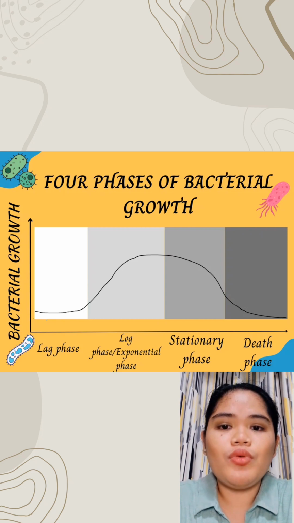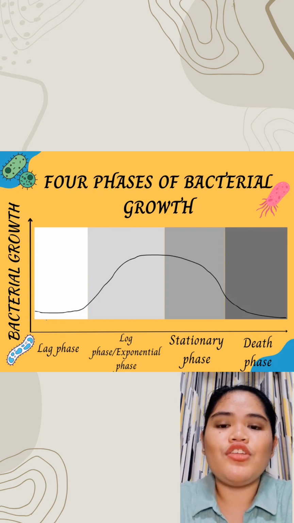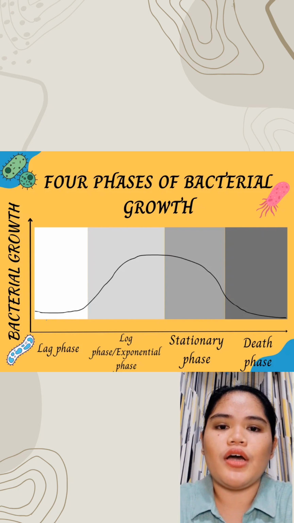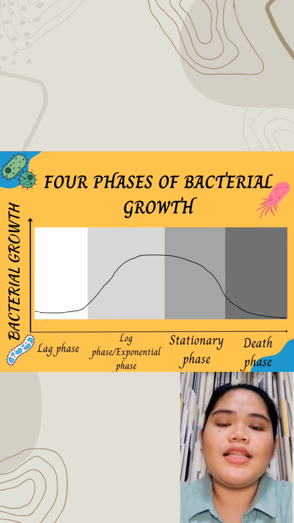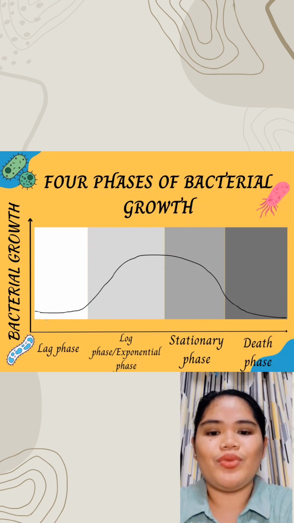They are slowing down in order to survive, and thus they are not increasing nor decreasing. Because there is no food or nutrients to be absorbed by the bacteria, it now leads us to the death phase, which is the last phase of bacterial growth.